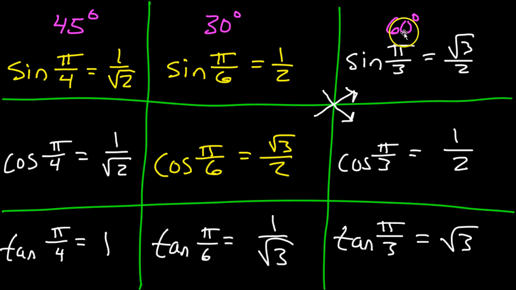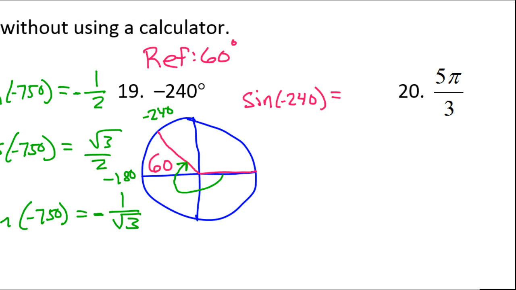So we're talking about the reference angle of 60. Sine of 60 is radical 3 over 2. So I've got radical 3 over 2. The only question is, do I need a negative sign on it? Well, in the second quadrant, the sine function is positive. So no, I don't.